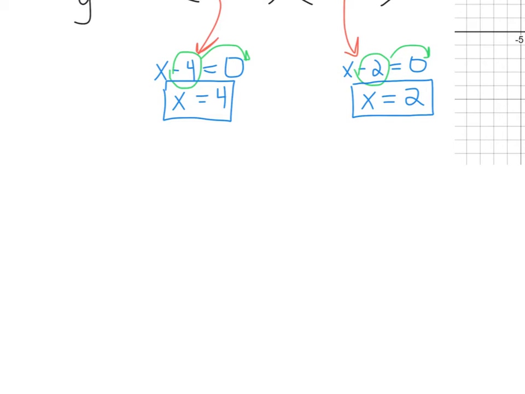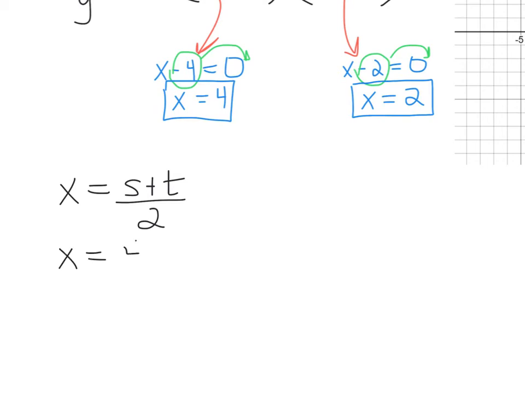So remember from our previous slide, we can find half of the vertex by using the equation for the axis of symmetry. The equation for the axis of symmetry is x is equal to s plus t divided by 2. Remember that s and t are basically just your x-intercepts that you just calculated. So we're going to insert those numbers into our equation.